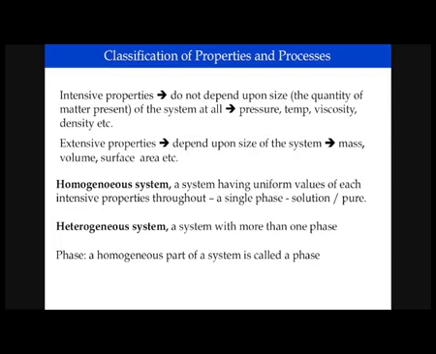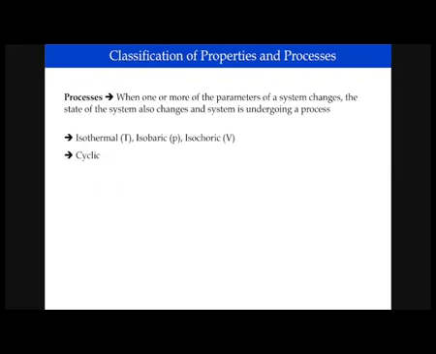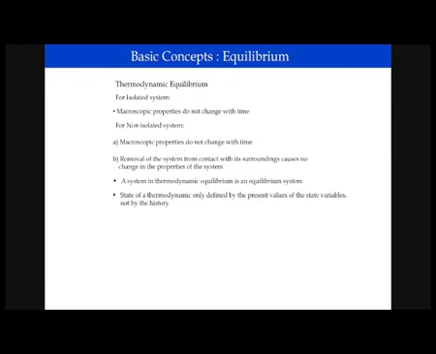We talked about homogeneous systems, heterogeneous systems, phase, and processes, which go from one state to another state, and we talked about isothermal, isobaric, isochoric and cyclic processes. In this course we will talk mainly about equilibrium processes, or systems which are in equilibrium.